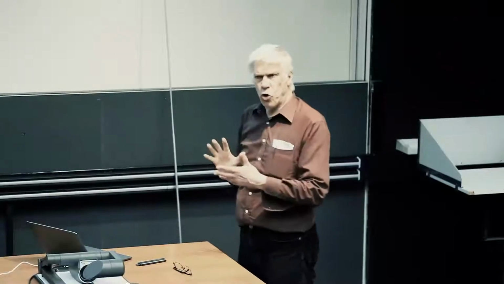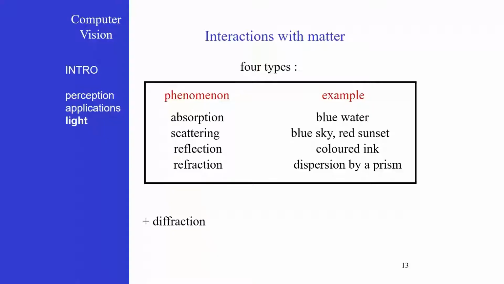And so often objects will have patterns on them, will have a certain color. That means if they look green, for instance, that means that object will reflect more green light towards us. That's reflection. And then finally, we have refraction. That is the amount of light that goes into the material.